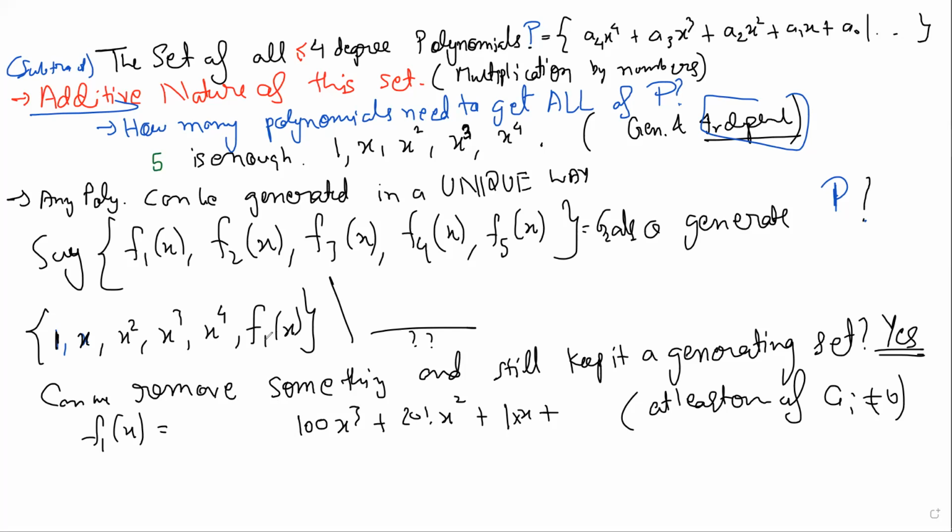Because 100 is there, 100 is non-zero, so that's the first step. Then you see, f1x in collaboration with x cube and x square can replace the role of x, right? Whatever x was doing, now these things can do that.